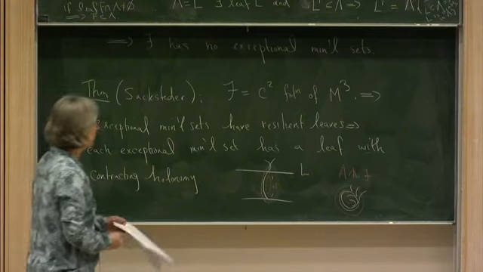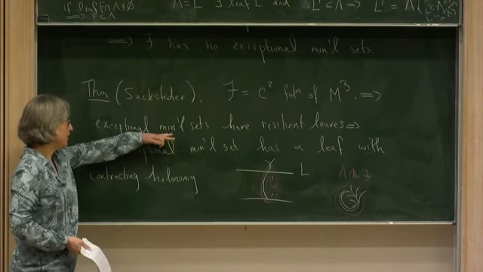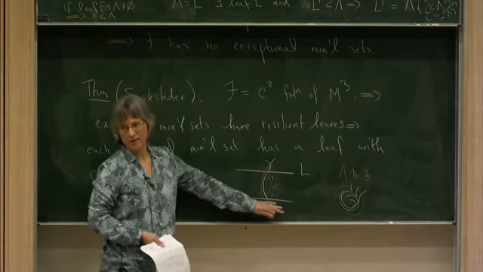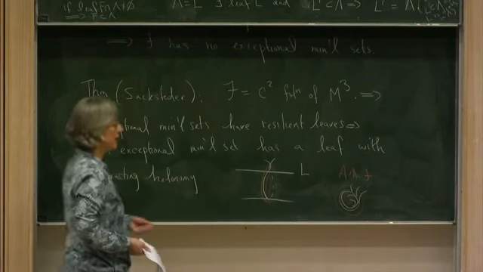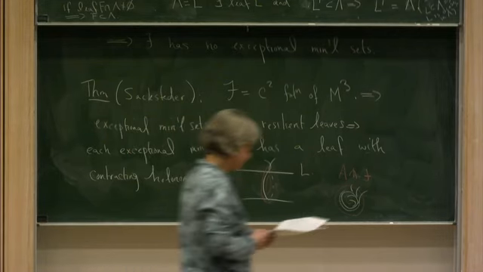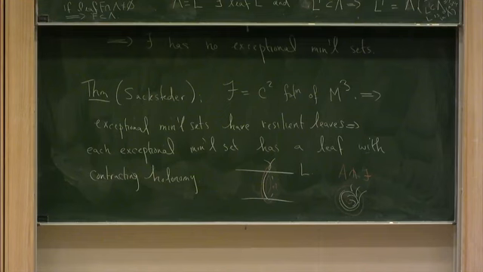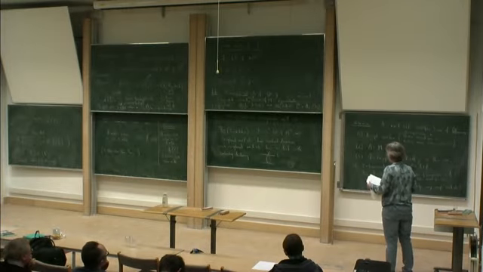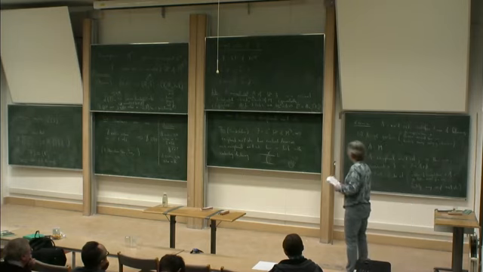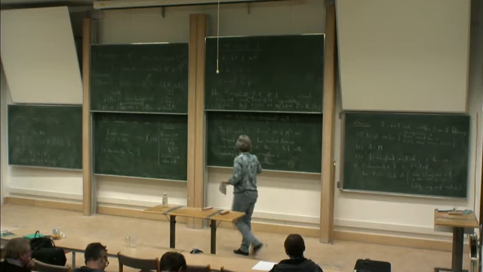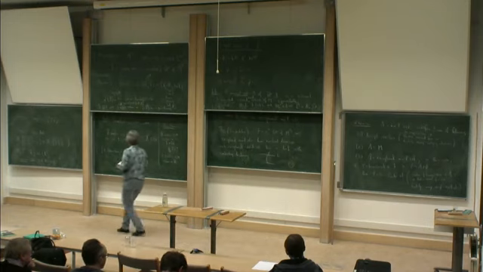So if I look at my exceptional minimal set and I can't find such a gamma, I know that I'm not going to be C2. So again, I've got a topological obstruction to being C2, and a lot of the constructions of foliations that use branched surfaces, for those who are familiar with that, end up failing this Sacksteder condition.